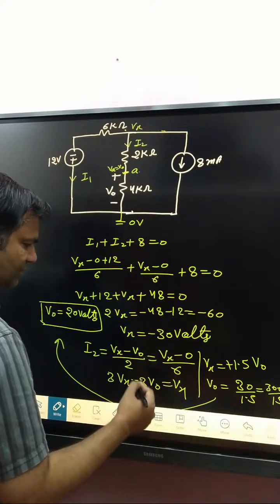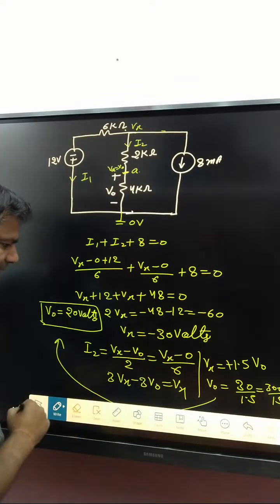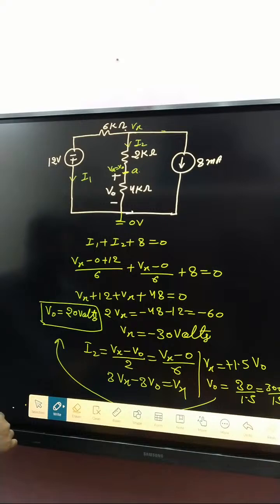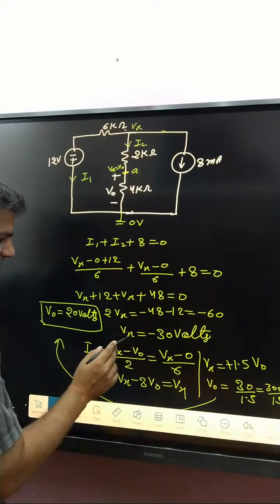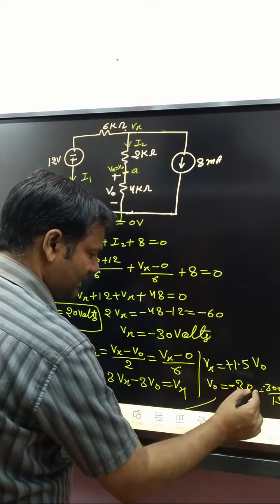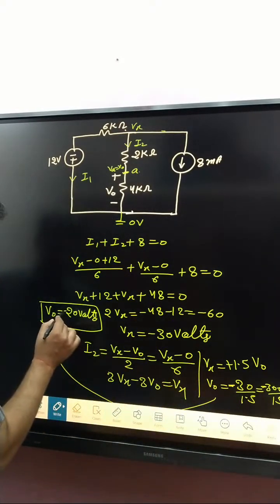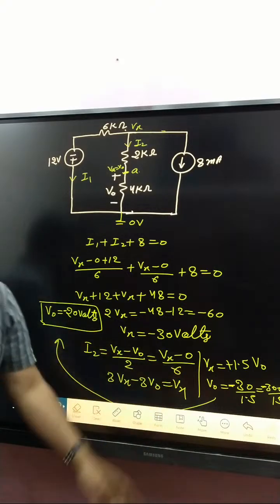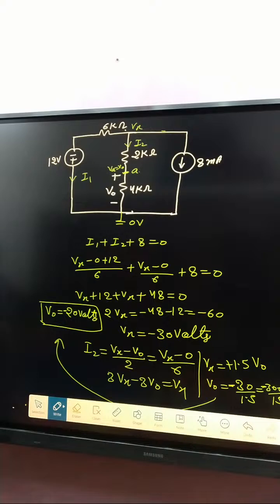So 3 by 2, that is 1.5 V0. Okay. Clear? And after that, Vx is also minus 30, so put minus 30 here, so we got minus 20. So the final answer is minus 20. I made a silly mistake here, that is minus. I hope so.